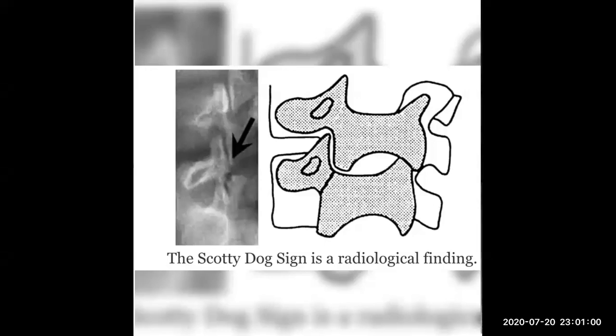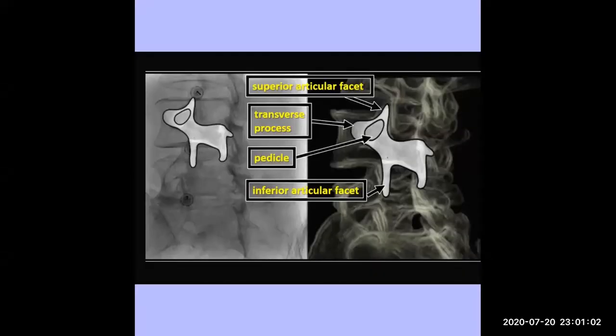Here, this is the anatomy. This is the superior articular facet. This is the pedicle here, and this is the transverse process. This is the defect in that area, the pars interarticularis, and this is the inferior articular facet.